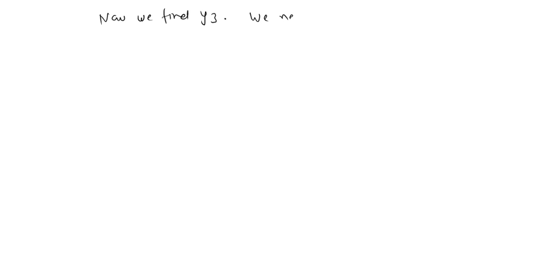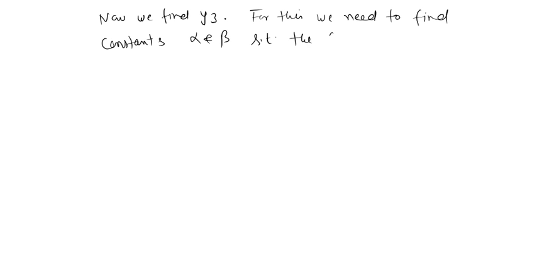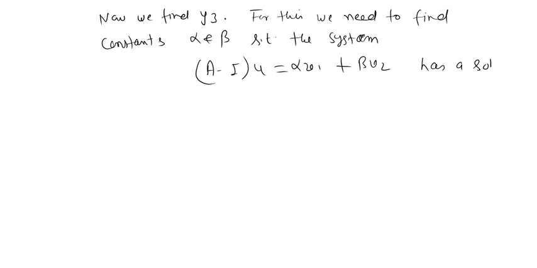For this we need to find two constants alpha and beta, both non-zero, so that the system (A minus lambda I) u equal to alpha v1 plus beta v2 has a non-zero solution u. So first you need to solve this one.